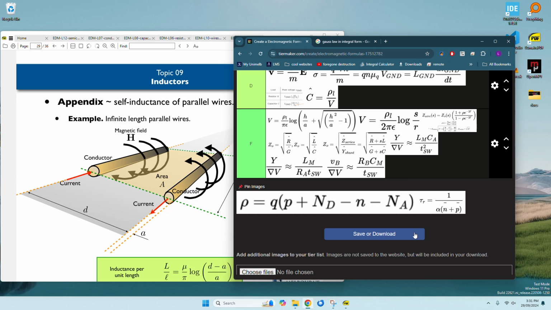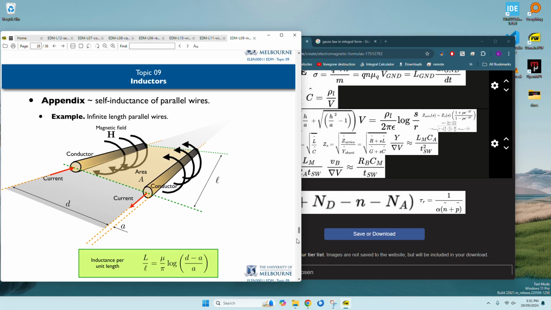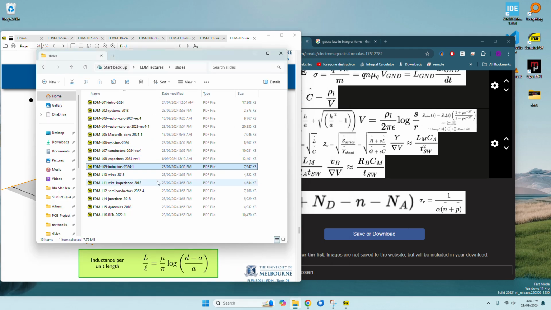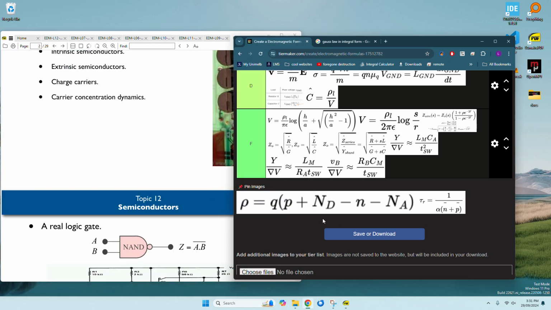And we're going to finally finish with a few semiconductor equations. This semiconductor equation relates the amount of doped positive parts and doped negative parts to the charge.